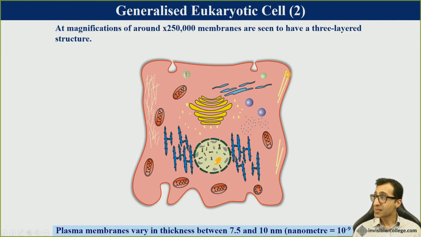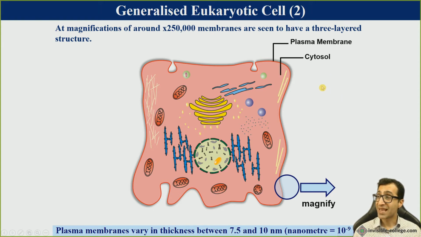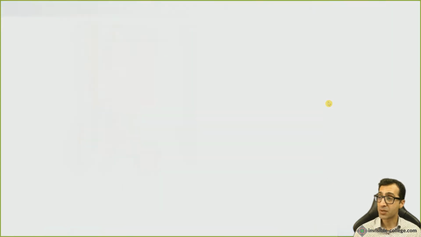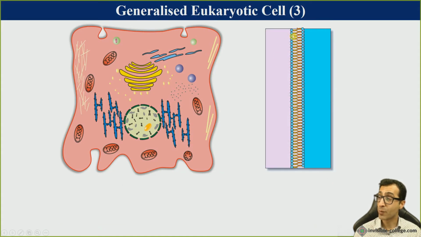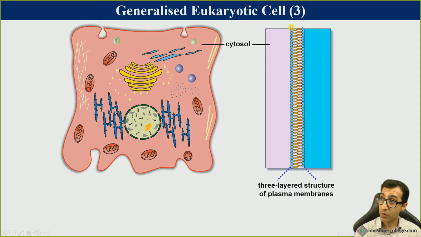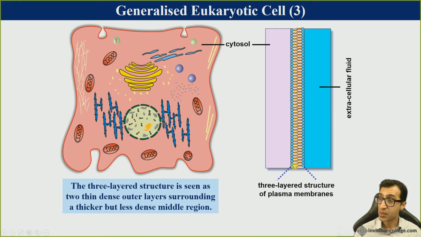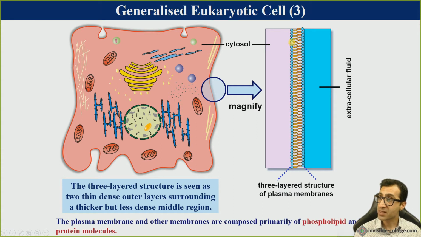If we're looking at the plasma membrane, we can magnify at approximately 250,000 times, and then the structure of the plasma membrane becomes a little bit more visible under electron microscopy, for example. We find that it's made of a lipid bilayer, two layers of phospholipid molecules, which are oriented so that their hydrophobic tails face each other in the internal portion of the membrane, and the thickness of the membrane is approximately 7.5 nanometers.